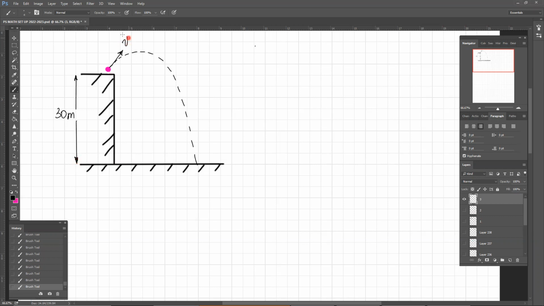And let's say initial velocity is 25 meters per second. And the angle will be 50 degrees.